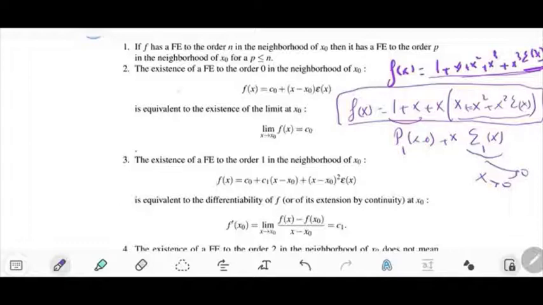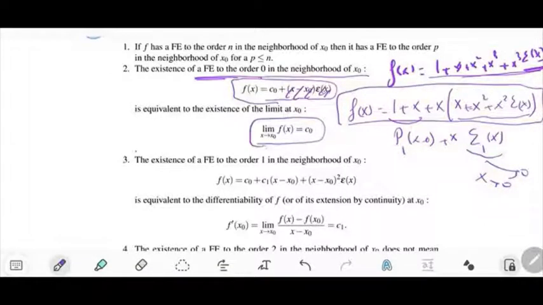Then the existence of a finite expansion to the order 0 in the neighborhood of x0 means that the function can be written as c0 plus x minus x0 epsilon of x. So if you go to the limit as x tends to x0, this term will go to 0, and you will obtain that the limit of f of x when x tends to x0 is equal to c0.